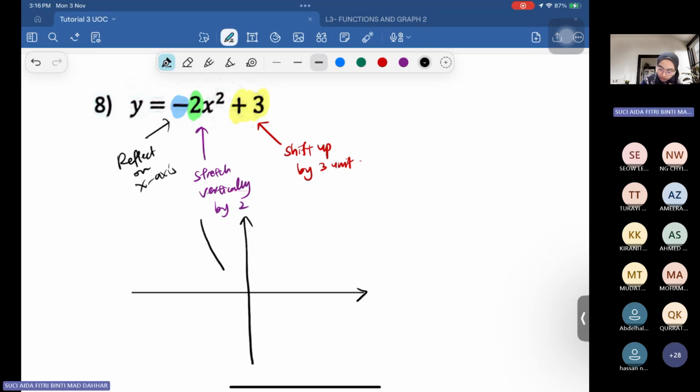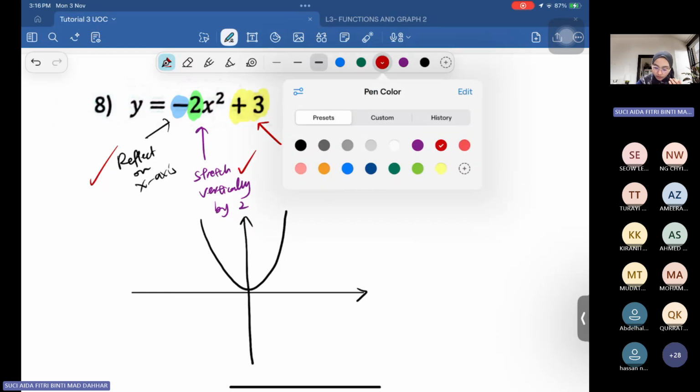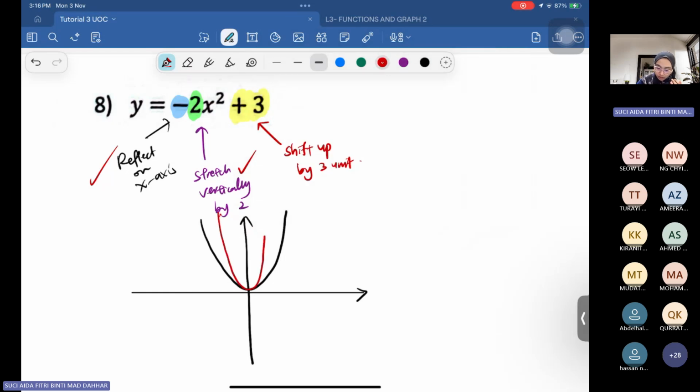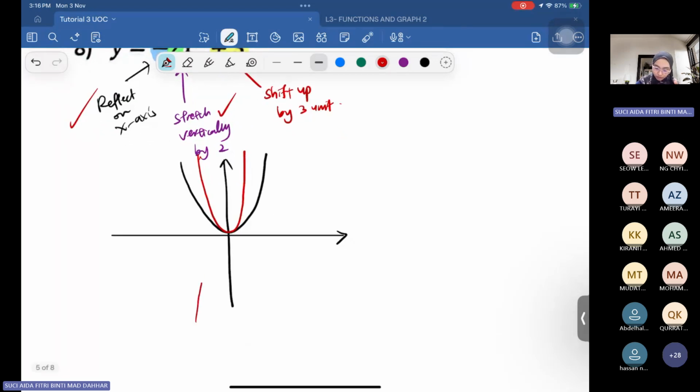Supposedly a smiley graph, right? If I stretch it, it's just skinnier, isn't it? This is 2x squared. And then when I reflect on the x-axis, it goes down here, correct?